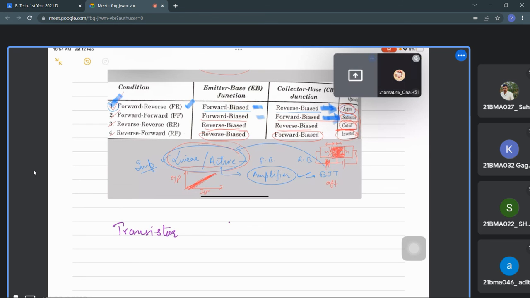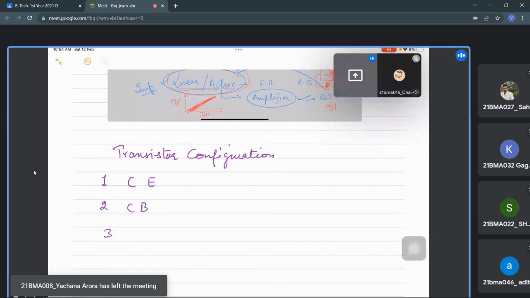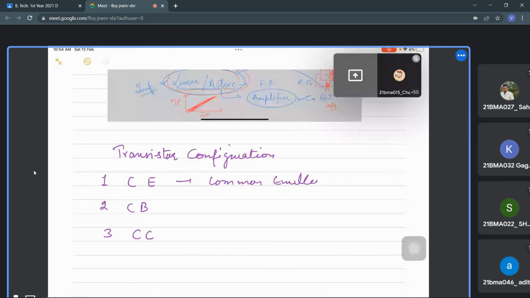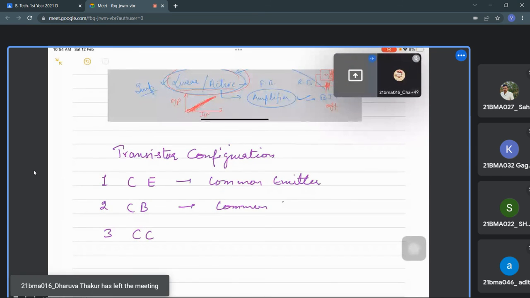We know that is common emitter, common base, and common collector.